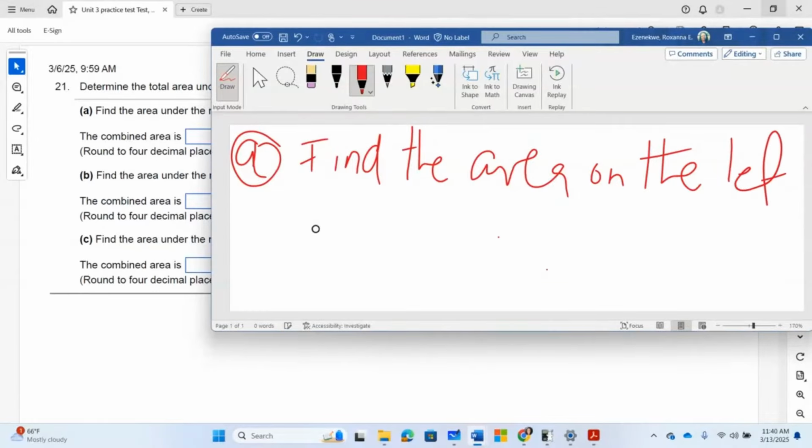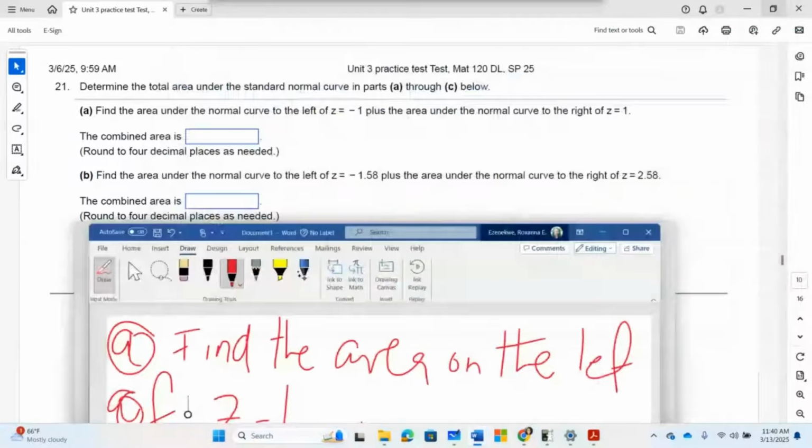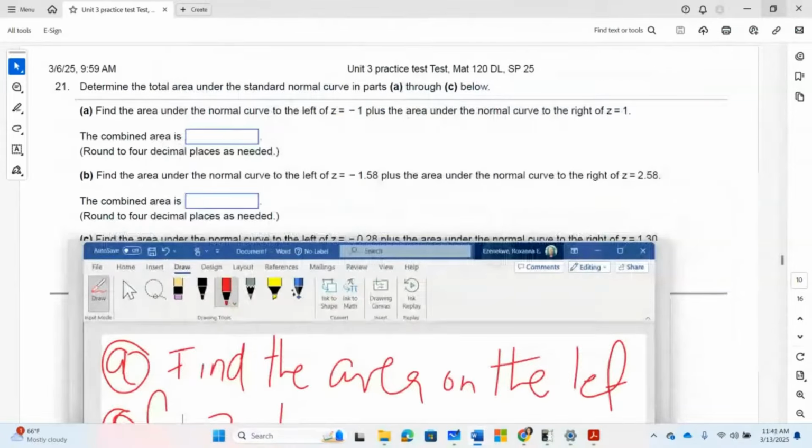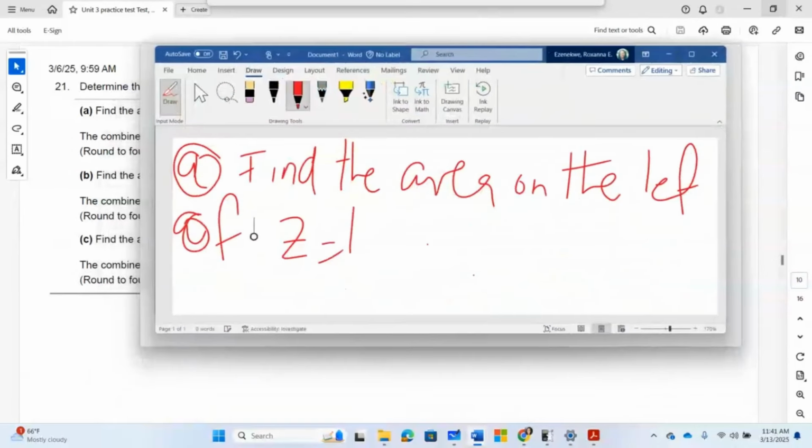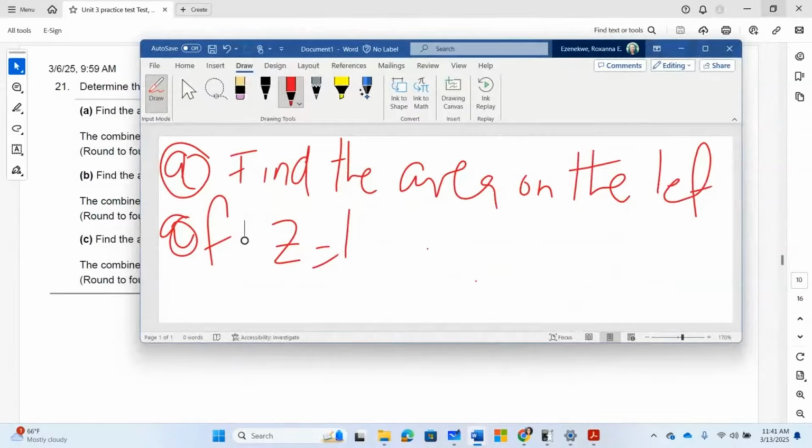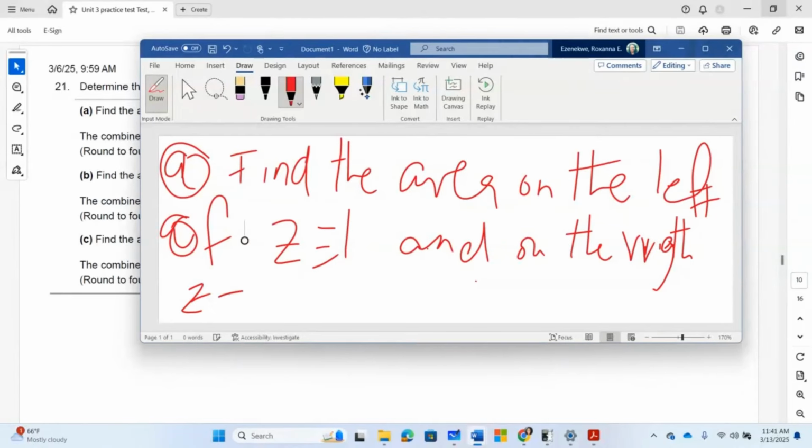On the left of z equal to -1, and on the right of z equal to 1.